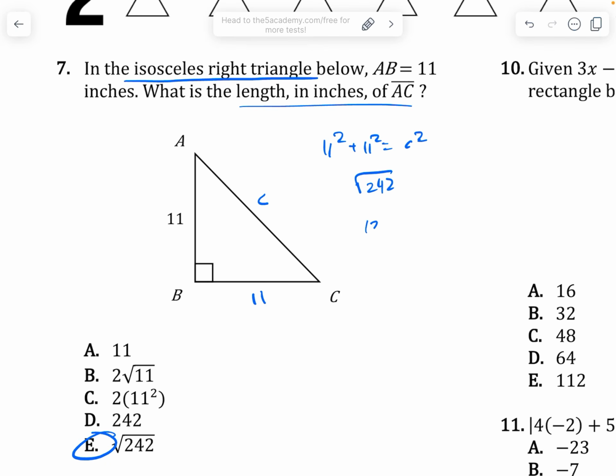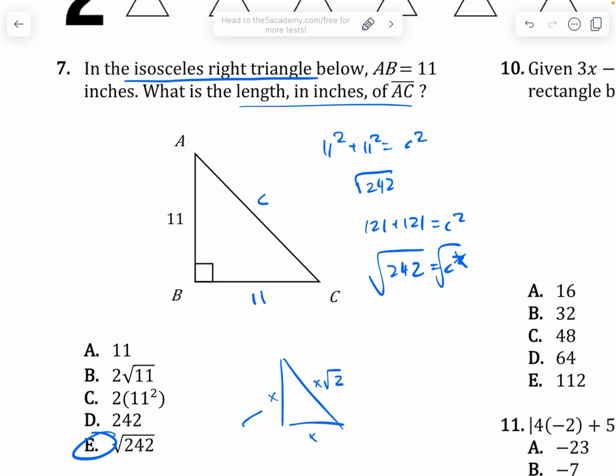Right, if you do 121 plus 121 equals C squared, 242 is equal to C squared, and you do the square root of both sides. Okay? You can also just remember that isosceles right triangles, if you have x square root of 2, this is how these are always going to be, these ratios always exist.